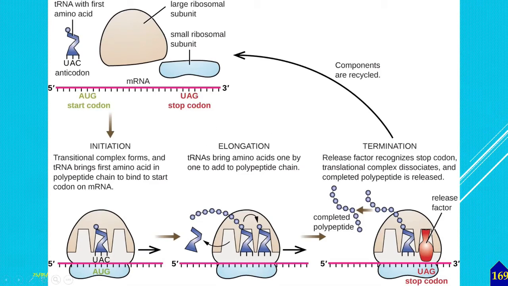So the tRNA brings amino acids one by one to add to the polypeptide chain. The next process is the termination process, where release factors recognize the stop codon. Then the bacterial growth stops there and the translational complex dissociates, and the completed polypeptide is released. That's called bacterial protein synthesis.